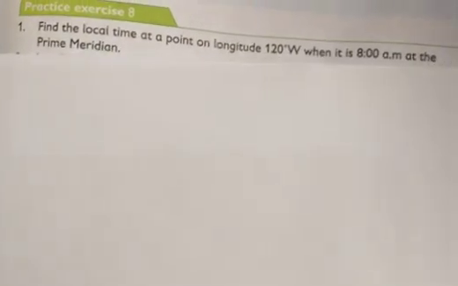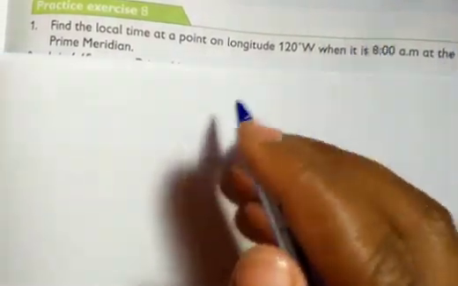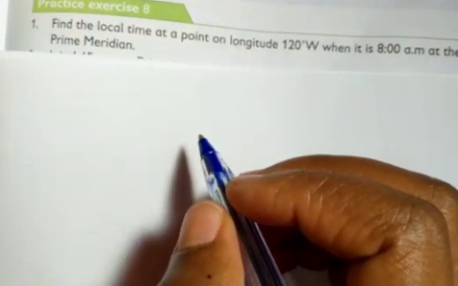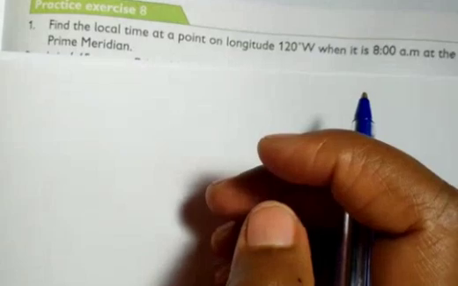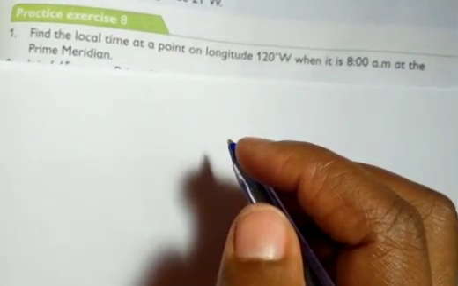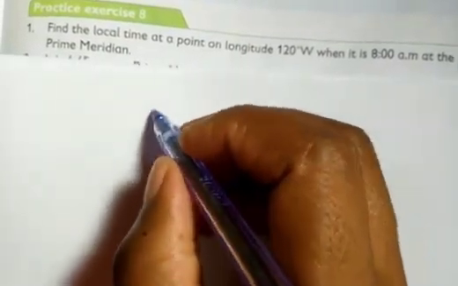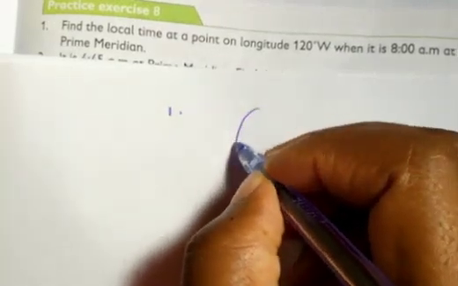We have number 1, the revision exercise. Find the local time at a point on longitude 120 degrees when it is 8 a.m. at the prime meridian. So we can sketch the Earth's globe for question 1.